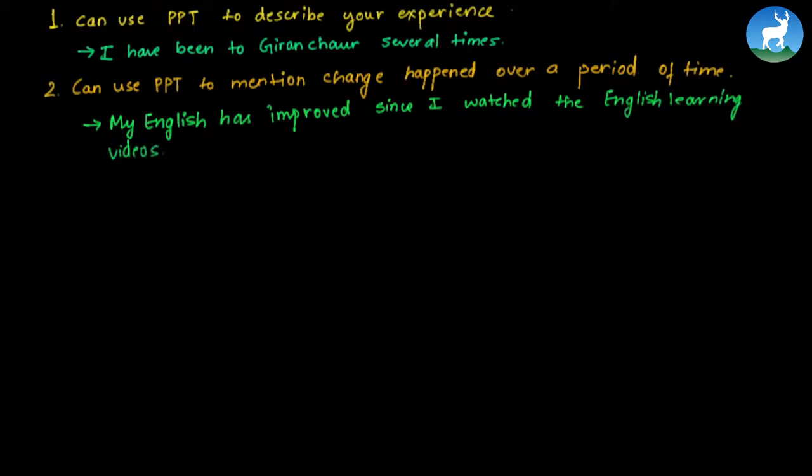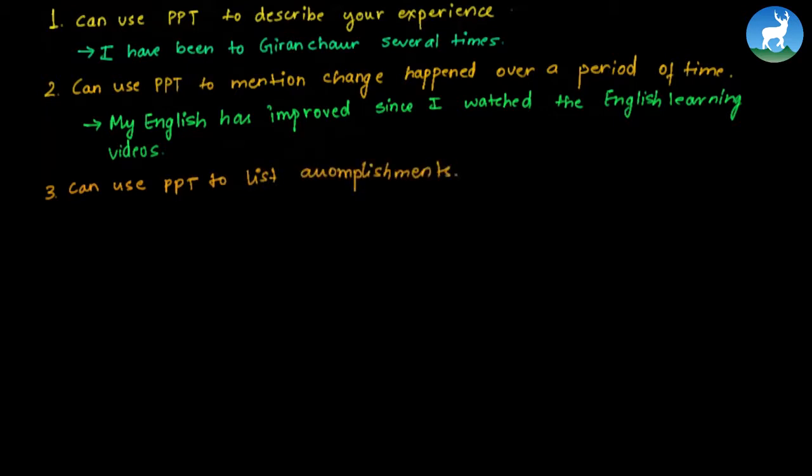So this is a change that has happened over a period of time, that your English has improved since you started watching the learning videos. You can also use the present perfect tense to list your accomplishments. So you can use PPT to list the accomplishments.